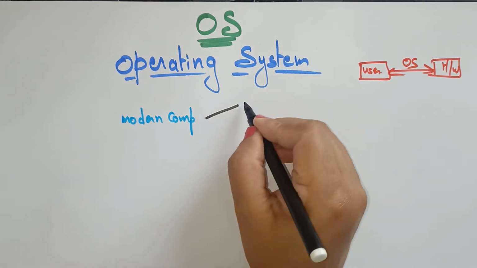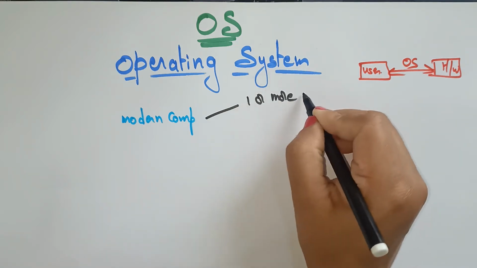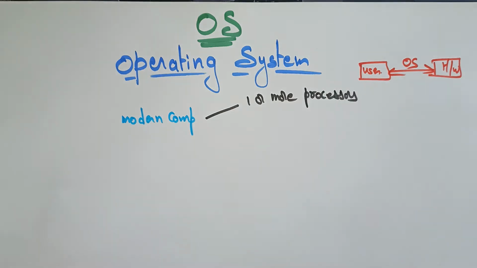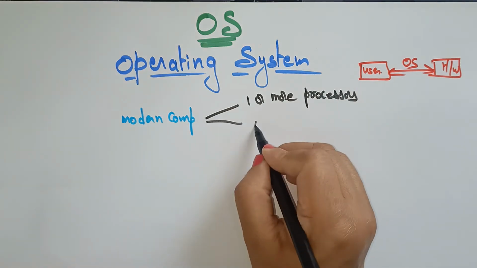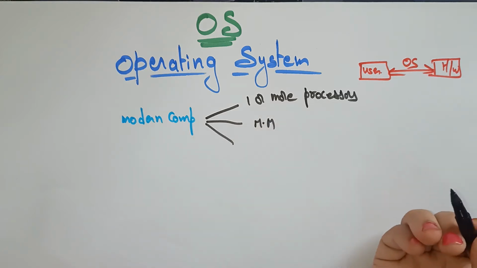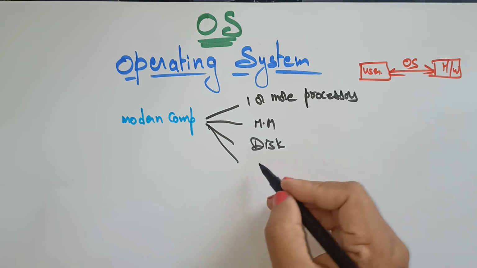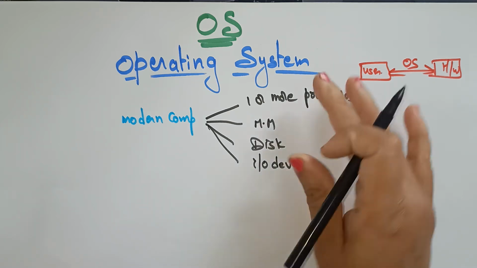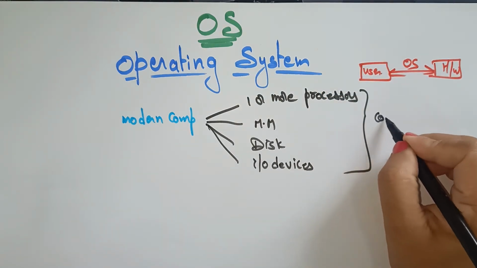It consists of one or more processors, that is CPUs, main memory, disks, printers, I/O devices, and a lot more. These are all called components, right?